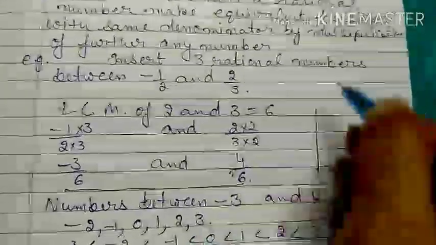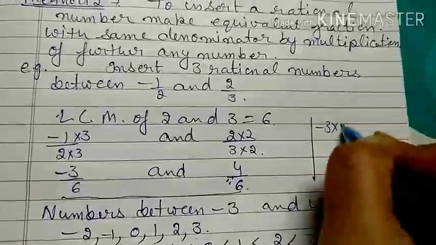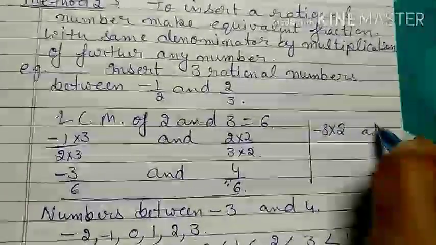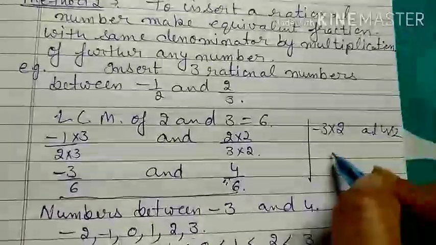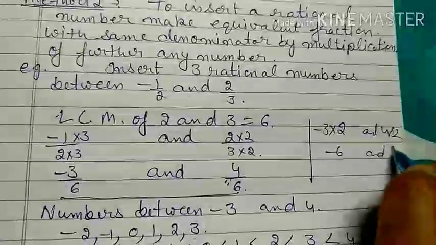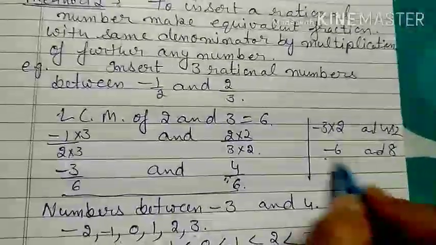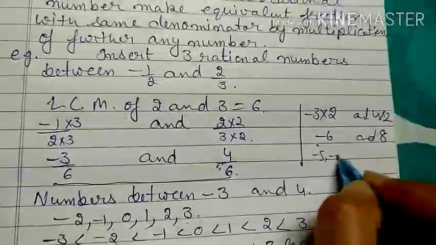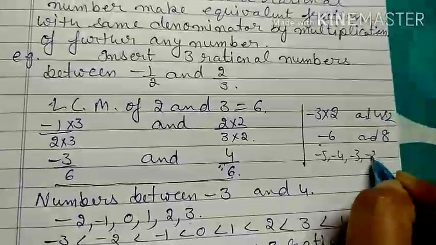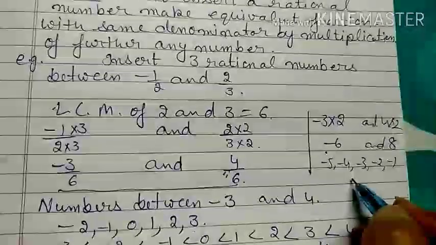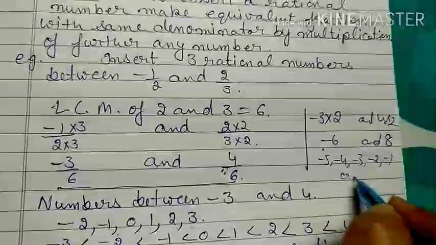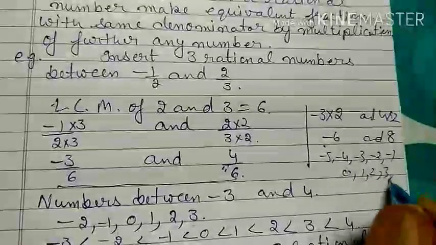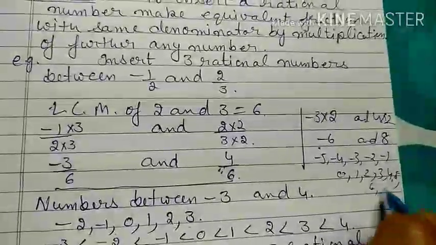So what you do is you multiply further. Check with minus 3 into 2 and 4 into 2: minus 6 and 8. Then you check how many numbers come between minus 6 and 8. Minus 5, minus 4, minus 3, minus 2, minus 1, then 0, 1, 2, 3, 4, 5, 6, 7.